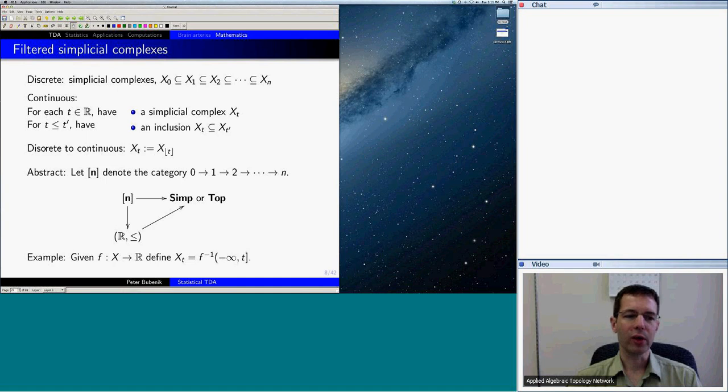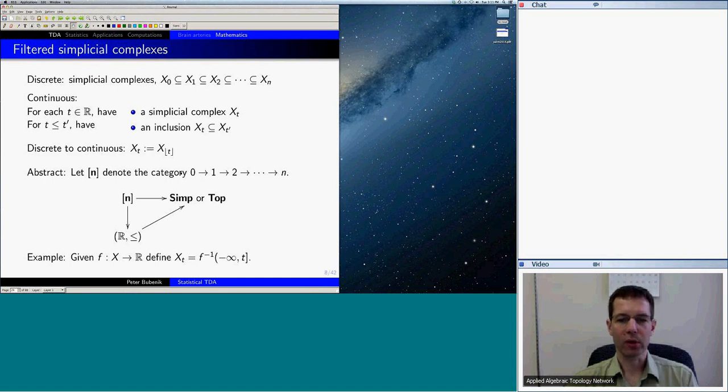And similarly, we can go from the discrete to the continuous in this simple way of doing that for this example. Now, if you'd like to think of this more abstractly, the language of category theory does that for us very nicely.